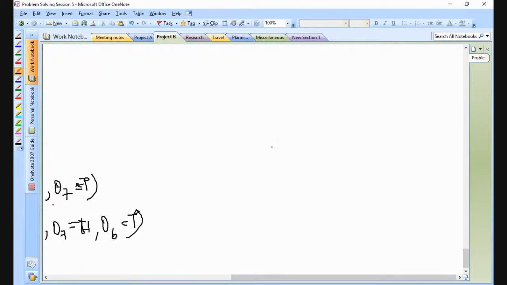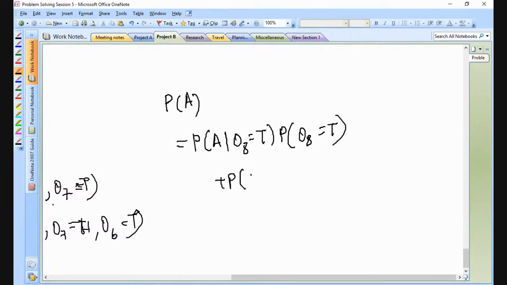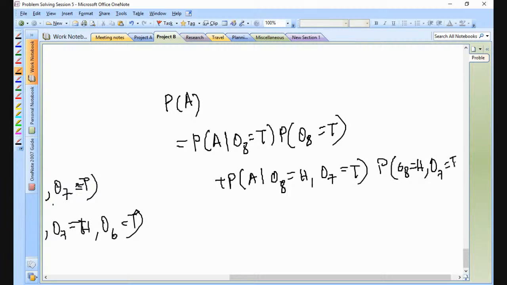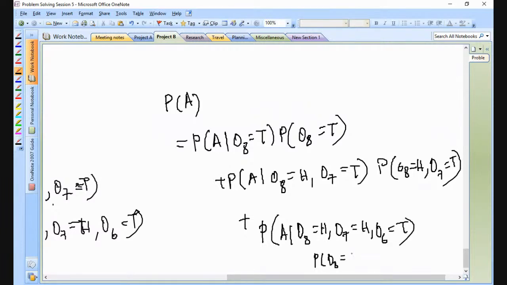So the probability of A is therefore the probability of A given O8 is tails into the probability of O8 is tails, plus the probability of A given O8 is heads and O7 is tails into the probability of O8 heads and O7 tails, plus, this is exactly the idea of the law of total probability, A given O8 heads, O7 heads, and O6 tails into the probability of O8 heads, O7 heads, and O6 tails.